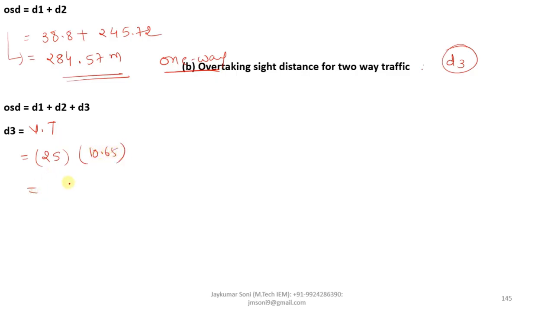So it will be 266.25 meters. Now we just have to add the value of d3. d1 plus d2 is 284.57 and the value of d3 is 266.25, and the ultimate OSD for two-way traffic will be this.